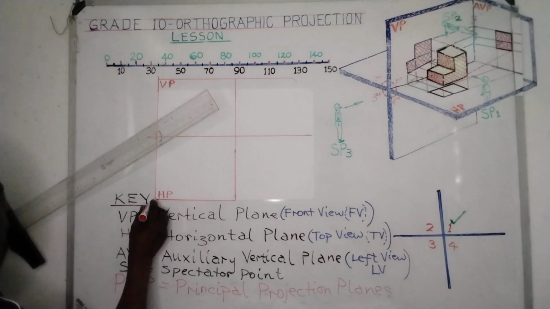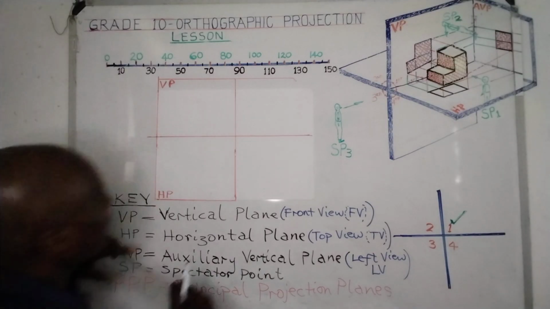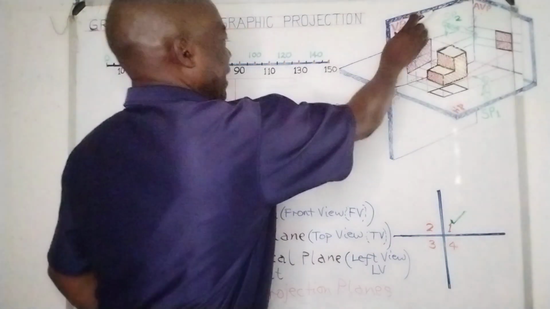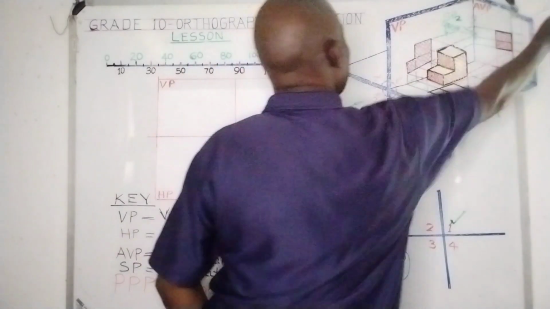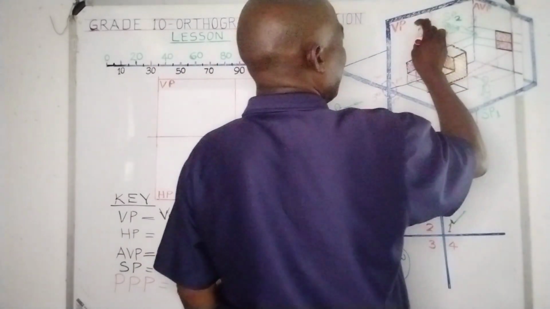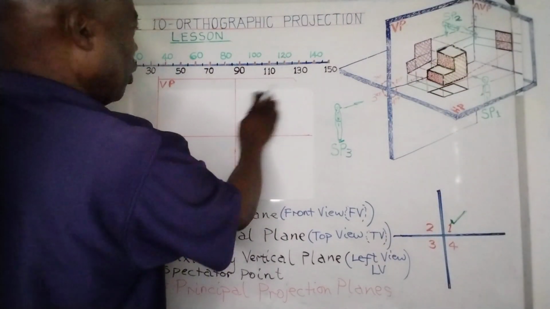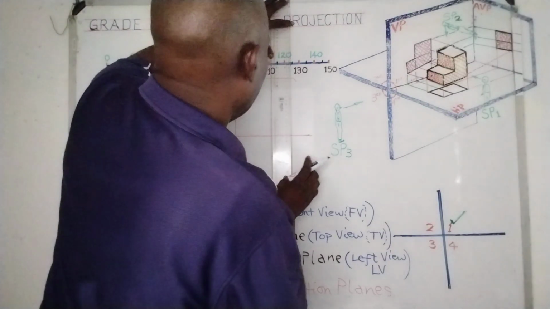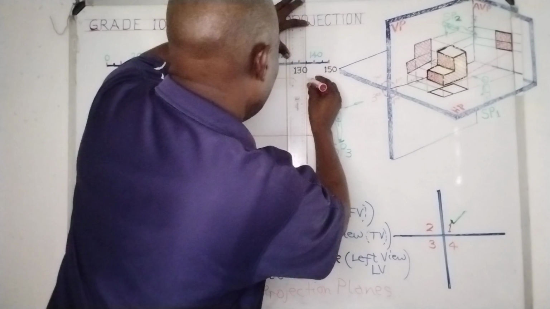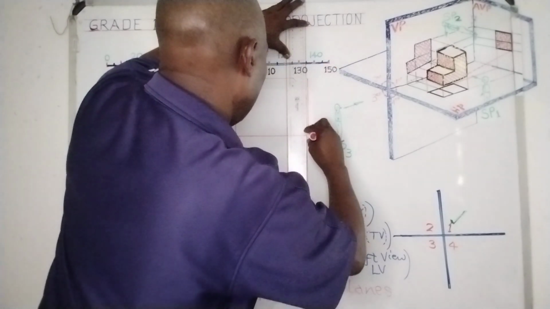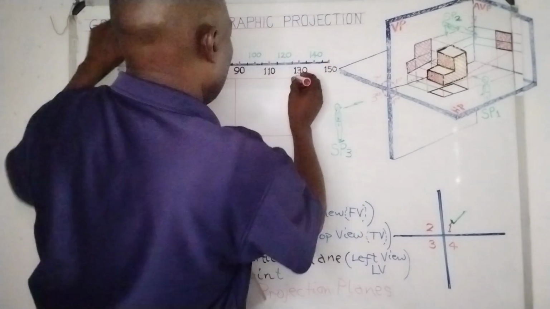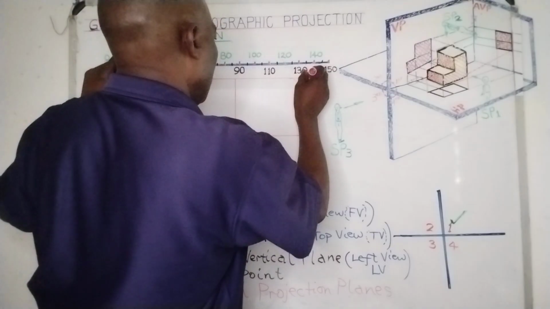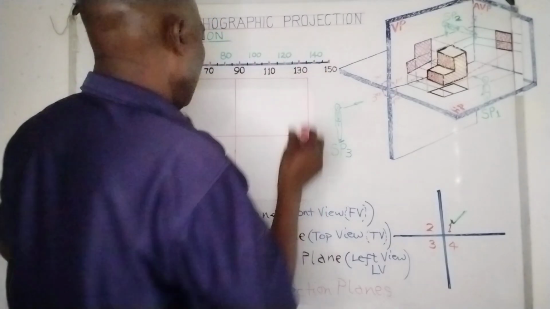And here, this is the intersection of the vertical plane and horizontal plane, which is that line there. And this part of the profile plane or the auxiliary vertical plane is that, and also for the top view. Okay, so now this line here is a special line which demarcates the vertical and horizontal planes.